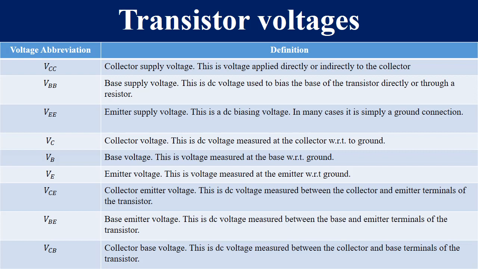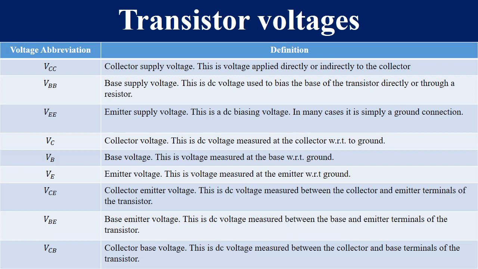That table is a summary of the three voltages we have been discussing, and we said when the subscripts are the same, these are the supply voltages, and when we only have one subscript, these are terminal voltages, and when we have two different subscripts, these are known as junction voltages. So VCC, VBB, VEE are supply voltages because the subscripts are the same.